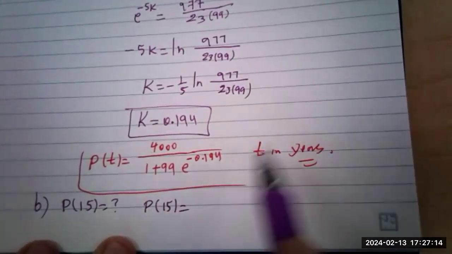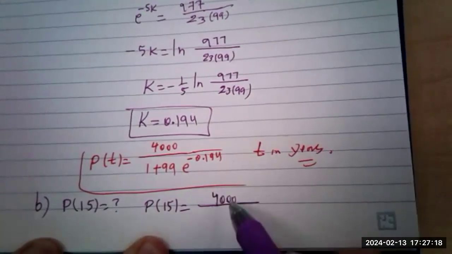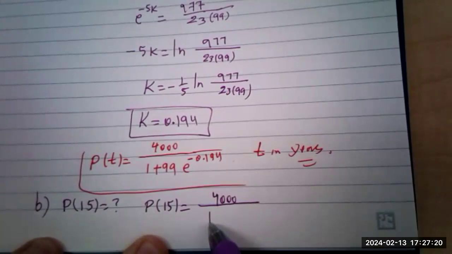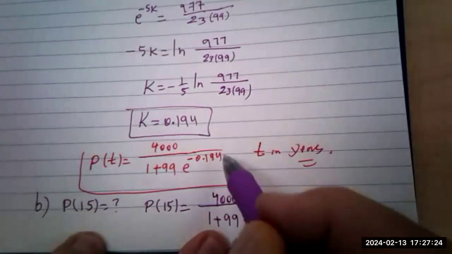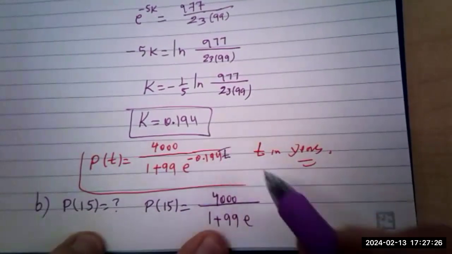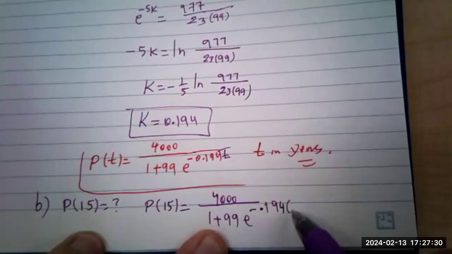P of 15 is going to be 4,000 over 1 plus 99 e to the negative 0.194 times 15.